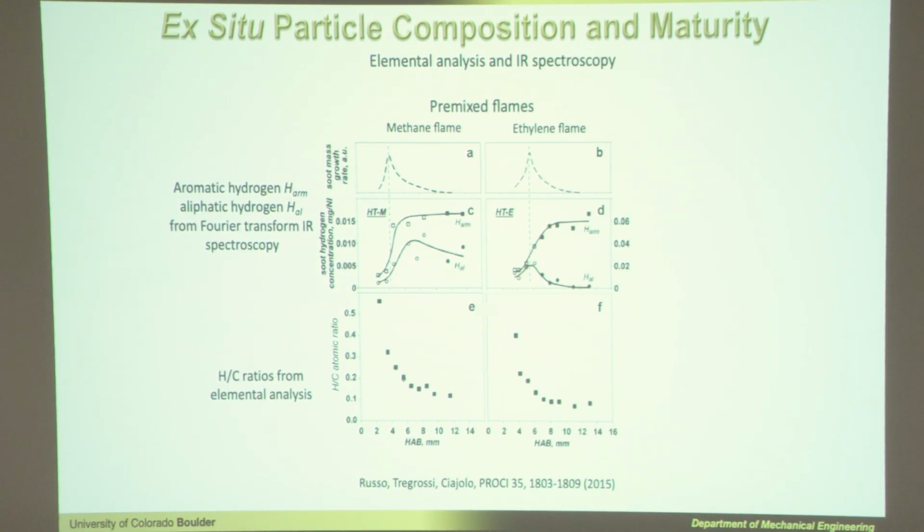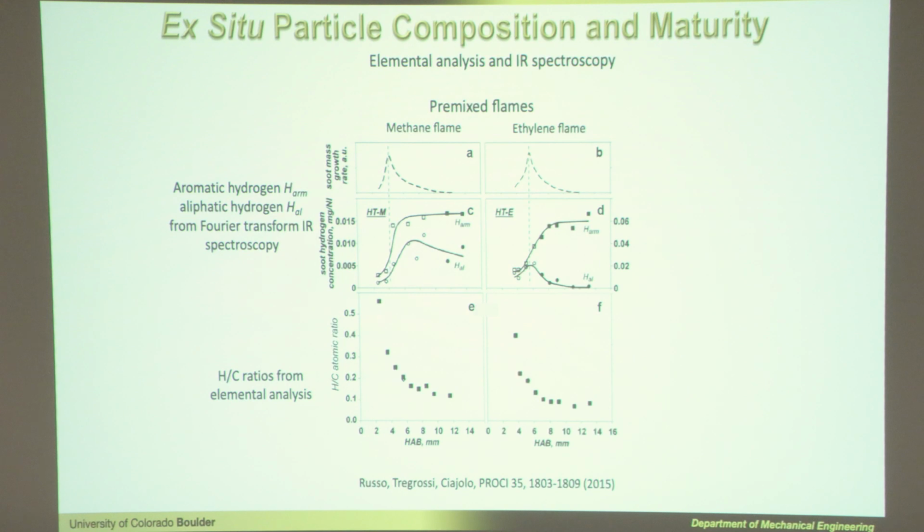So if you look at H to C ratio on the bottom, I usually think of C to H, but H to C goes down, that means C to H goes up. That means there's more aromatic content in these particles as they go up in the flame. That's opposite of what I just showed you from Hai Wang's group.